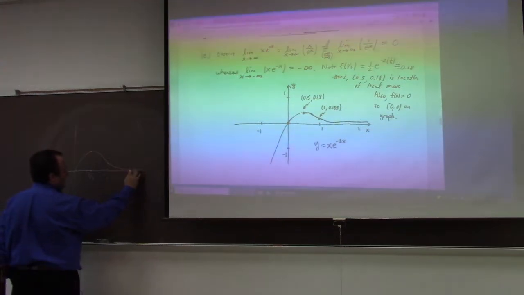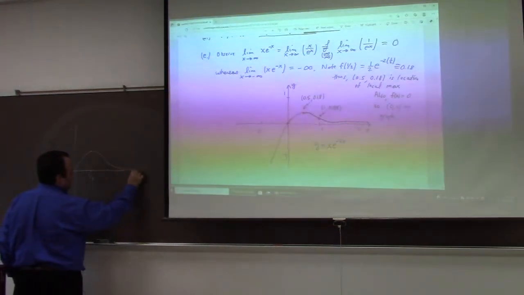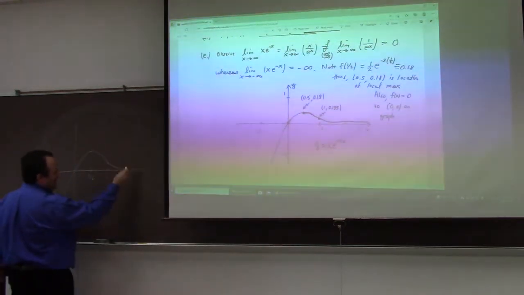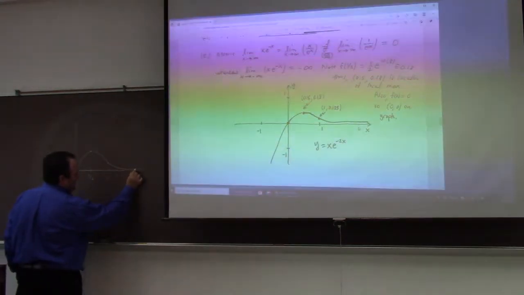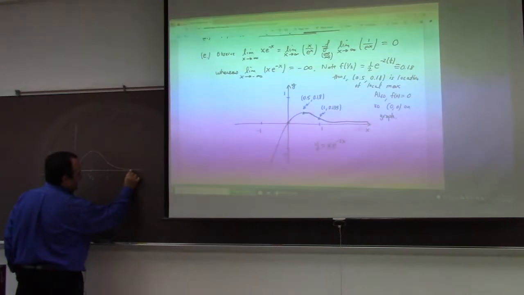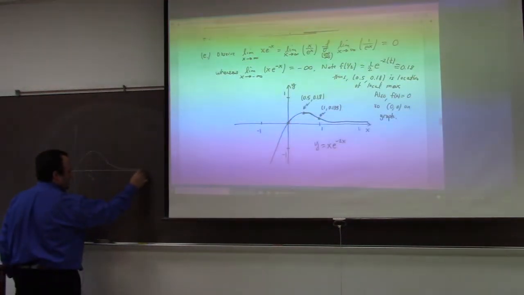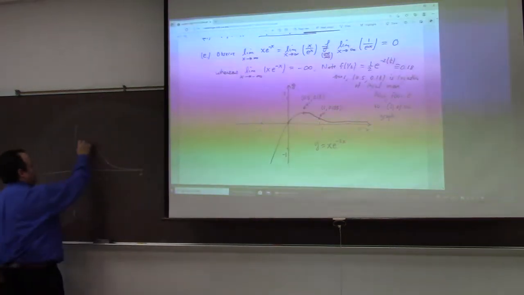I always have trouble with the asymptote, but see, it shouldn't. My asymptotes inadvertently curl back up. That's not actually happening. They should always be getting closer and closer to the x-axis, but they never get there, right?